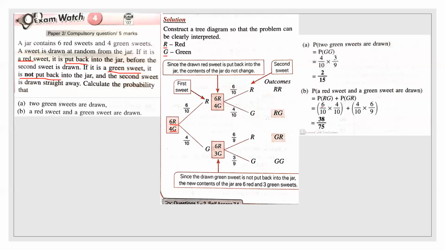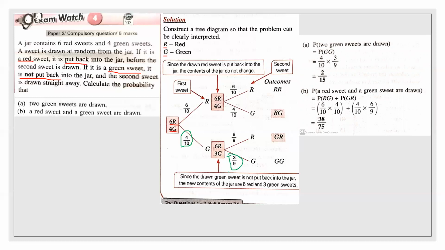Let's see, if 2 green sweets are drawn, I use green color. The first probability of green is 4 over 10. If you take 1 green and then a second green, the second one will be 3 over 9.